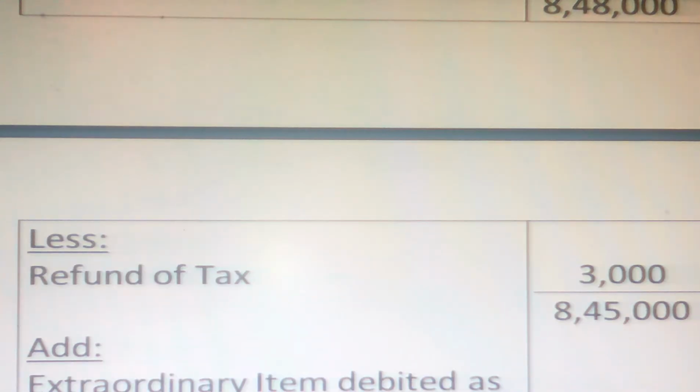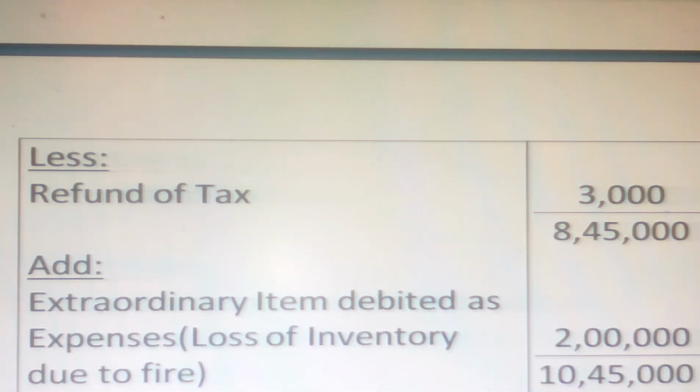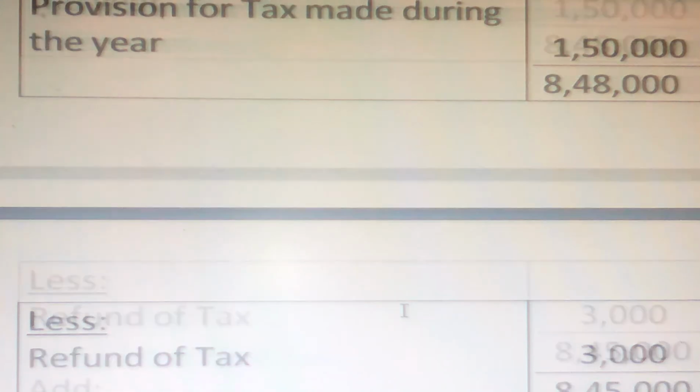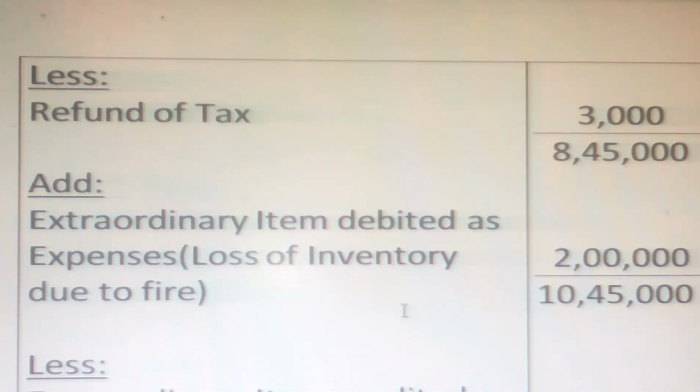From that, refund of tax. This money is not related to the business. Earlier, whatever tax you paid, the income tax department returned that tax money, correct? So refund of tax is to be deducted: 8,48,000 minus 3,000 gives 8,45,000. Then we said extraordinary items debited, again we want to add.